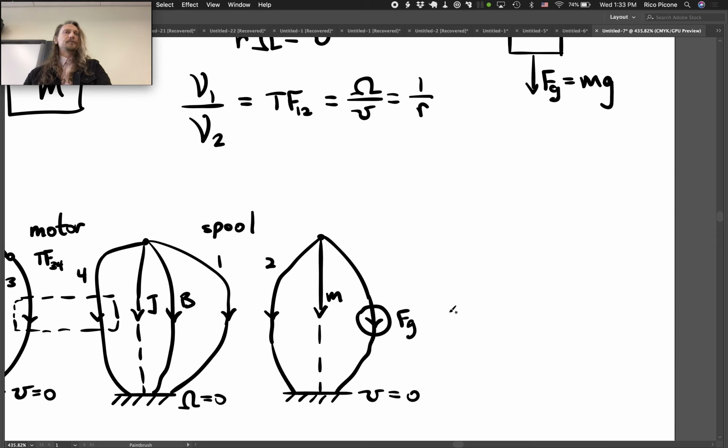Yes? Why are some of the lines dashed? The lines that are dashed are for A-type energy storage elements, or inertial elements. So if we've got A-types that are rotational mechanical elements or A-types that are translational mechanical elements, they are governed by Newton's second law, right? Newton's second law requires that we have an inertial reference frame for that F equals ma equation.